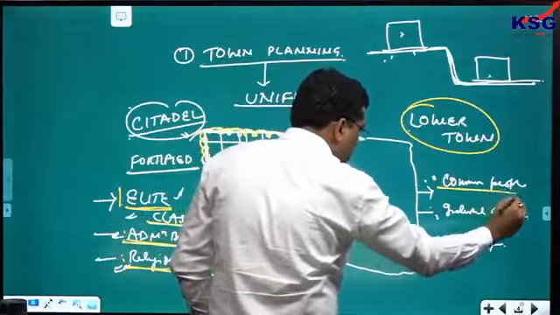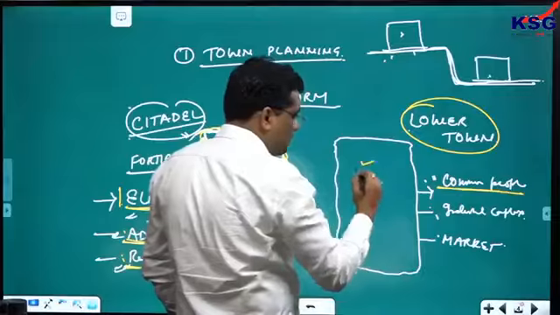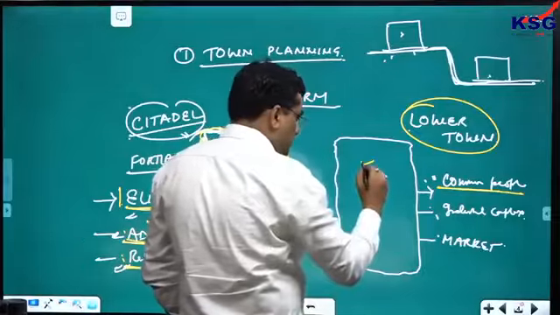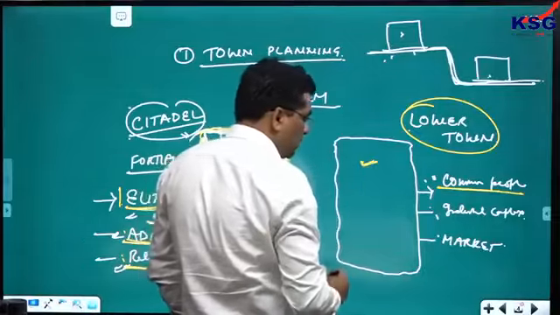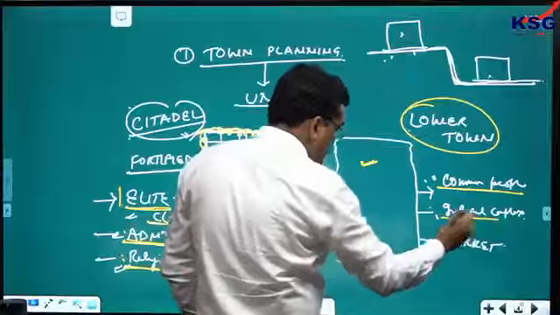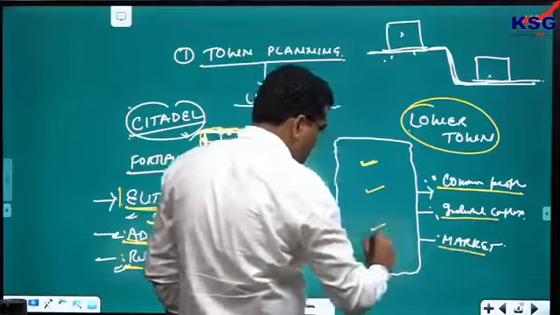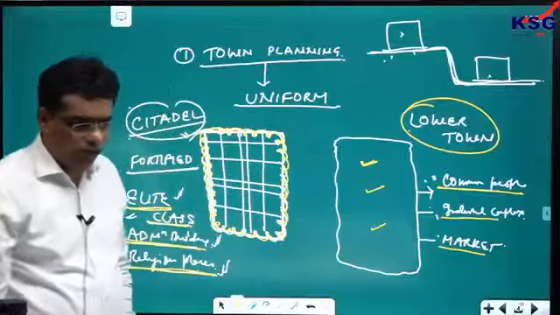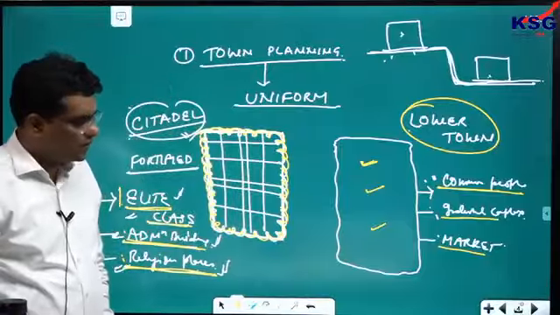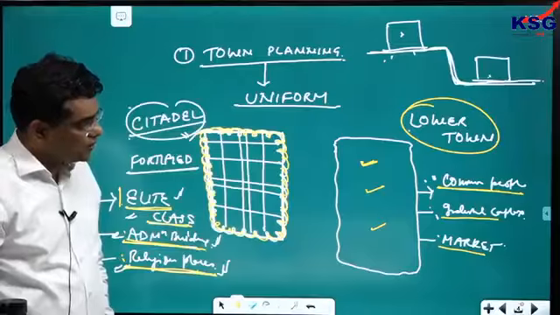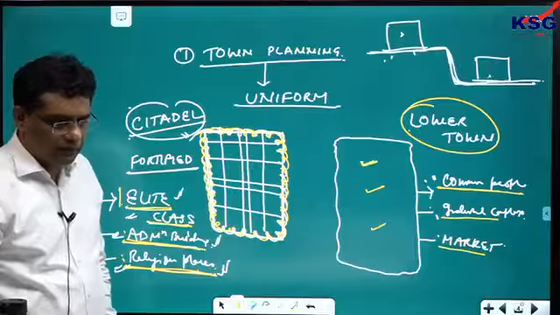Houses meant for the common people: traders, merchants, doctors, engineers. Industrial complexes and the market. So this is how the Lower Town was fixed.